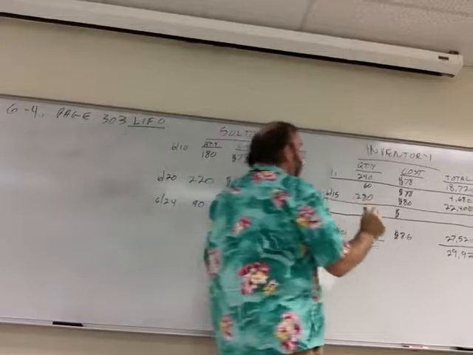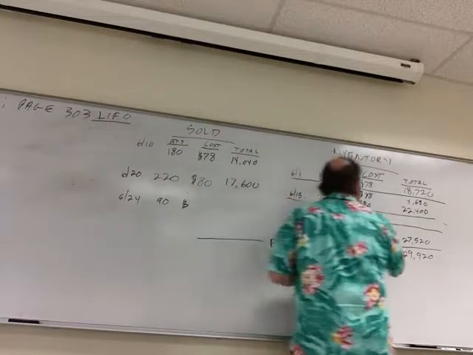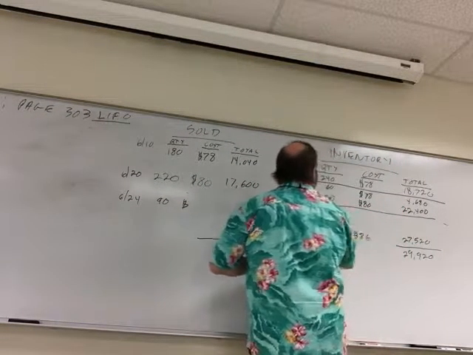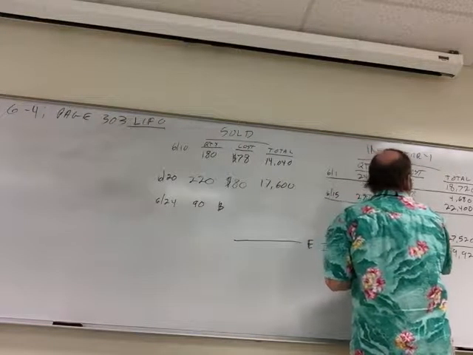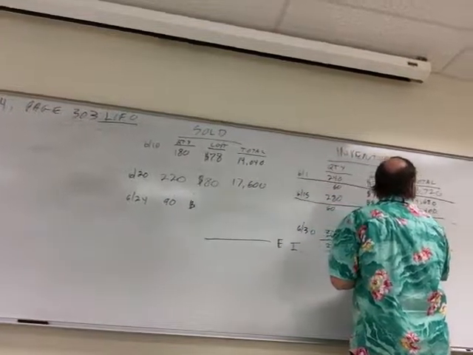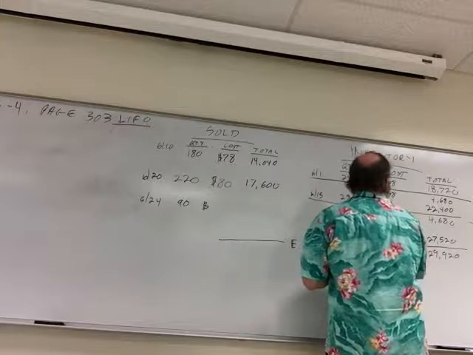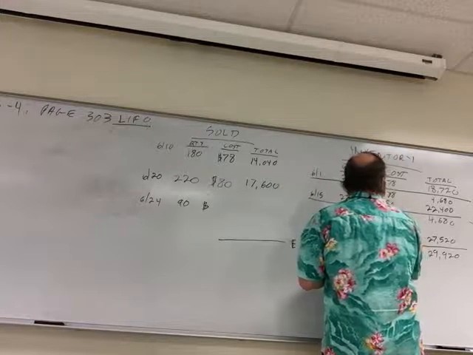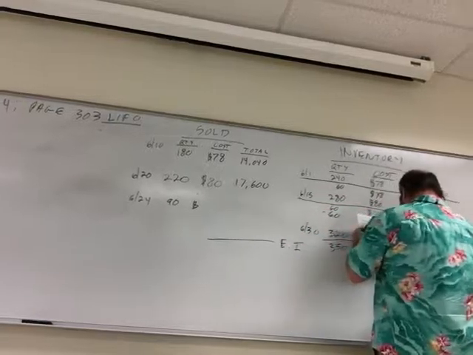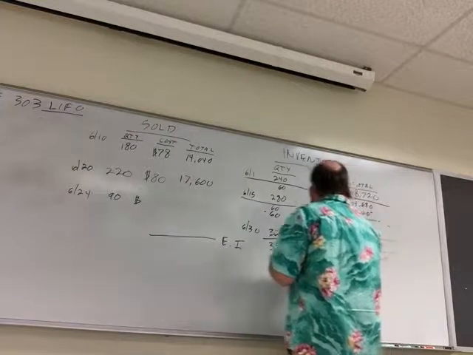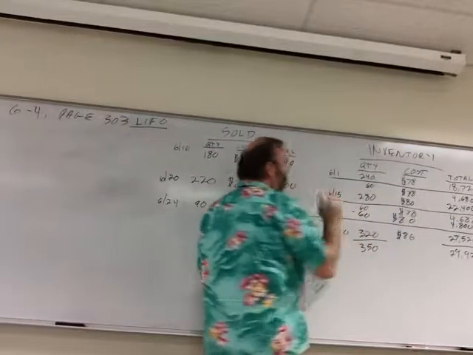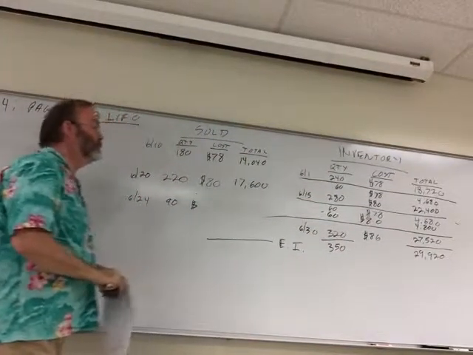So what that leaves us is we still have the 60 units at 78 for $4,680, but now we have 60 units at 80 for $4,800. Now that's what we have in inventory.